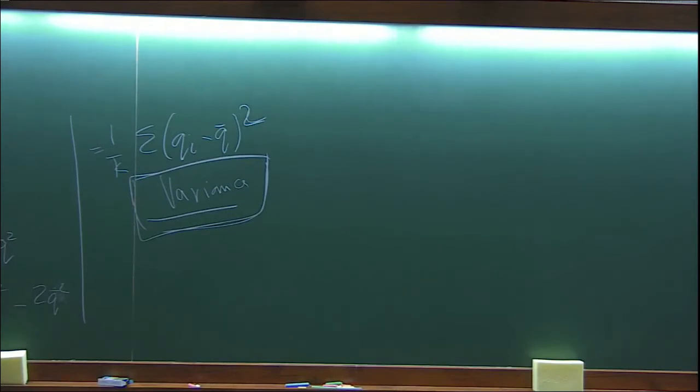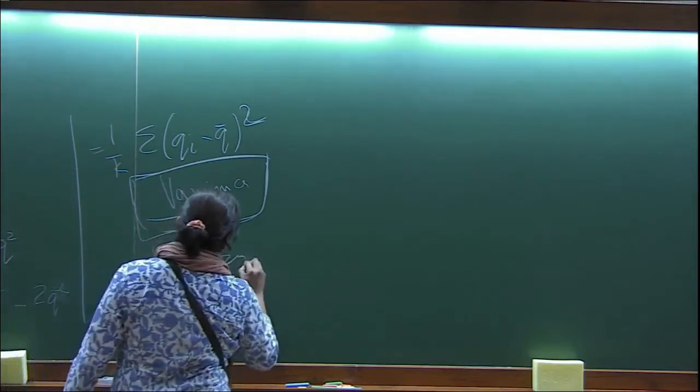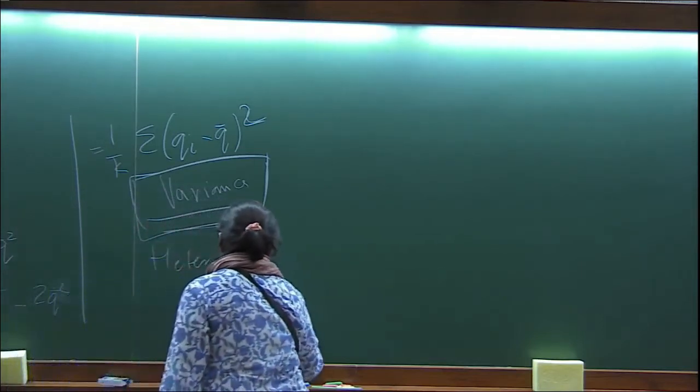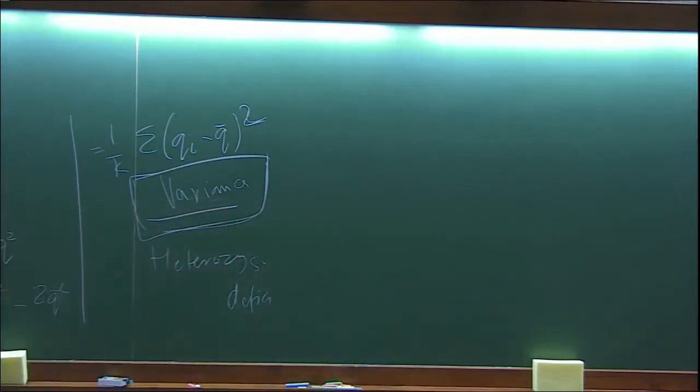So when you have population structure, you have heterozygote deficit, like inbreeding. You seem to have more homozygotes, but it's actually not the case. It's just because you have these distinct populations which have different allele frequencies, which you didn't take into account.